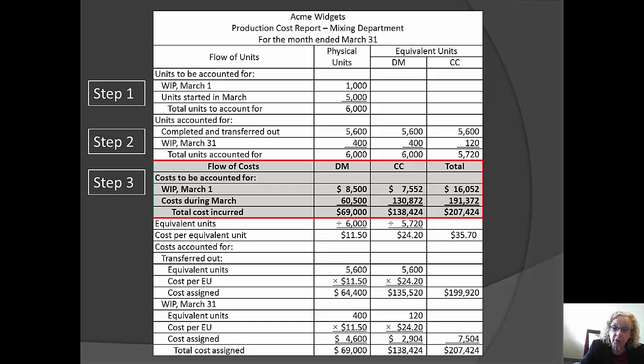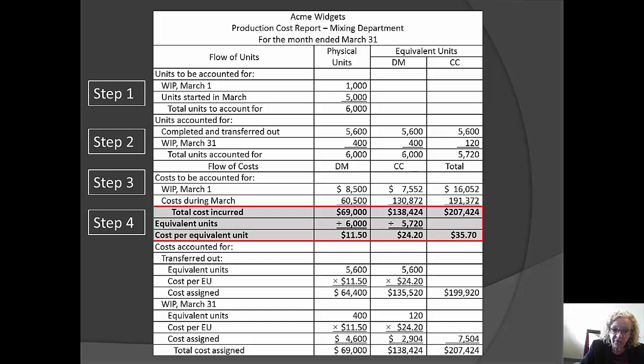And how much conversion did we put into production between old costs and new costs? Step 4 uses that information to compute the cost per equivalent unit for materials, for conversion, and if you want, in total.